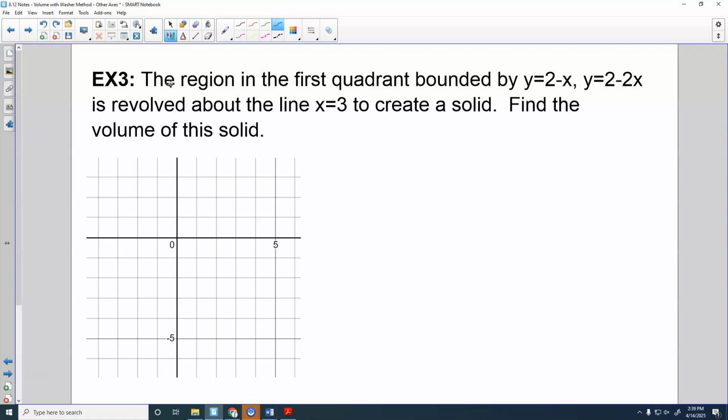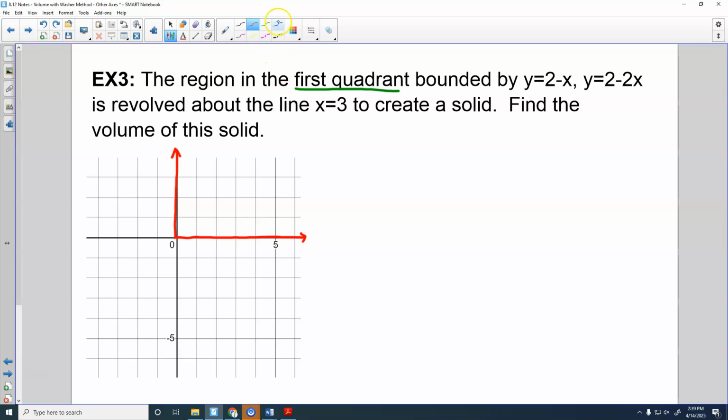So for this, I need to graph both of these lines, and it is first quadrant. So since it's first quadrant, I know that my x-axis and y-axis here are also boundaries, since they told us we're only doing first quadrant.